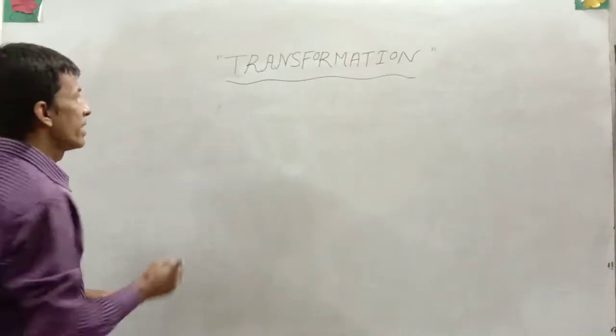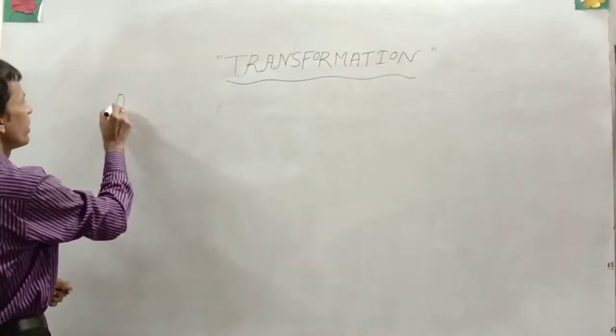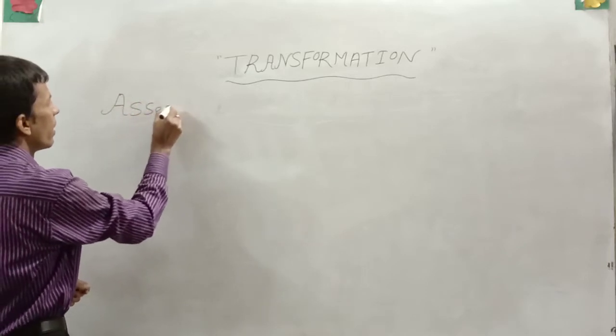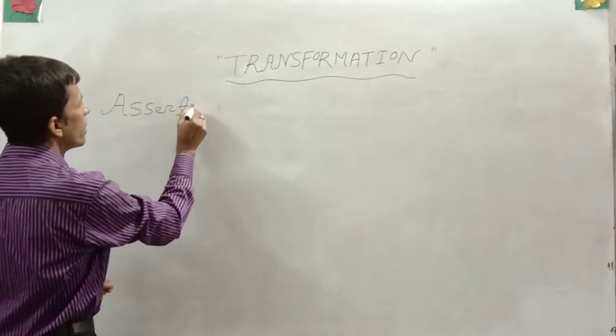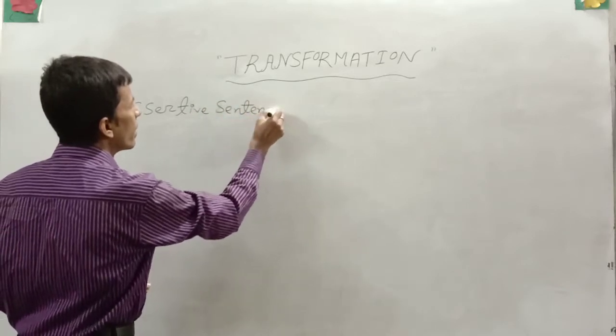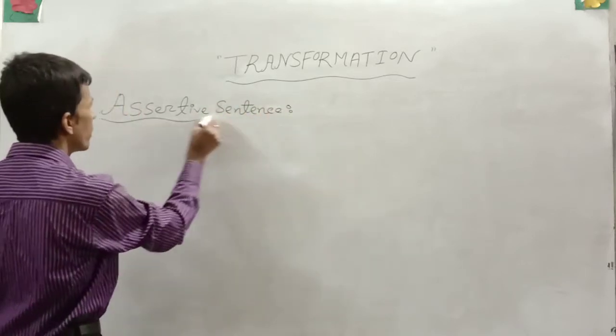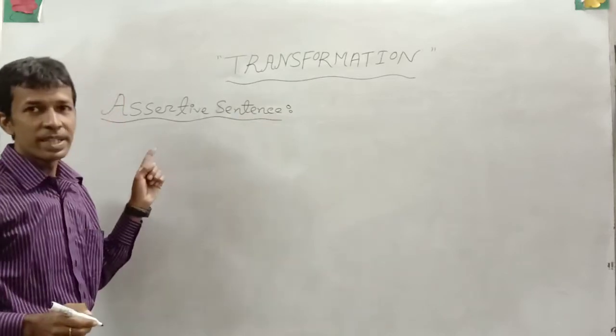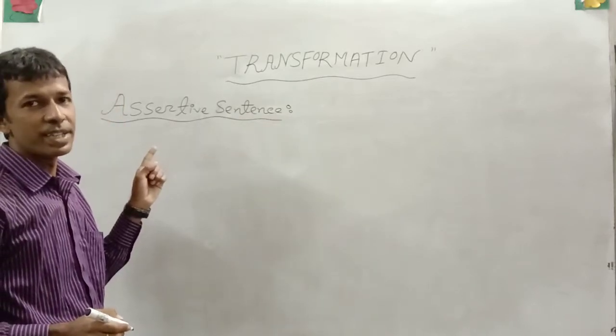Look at the structure and watch what I am writing on this whiteboard. Assertive sentence. This type of sentence is started by writing the subject.